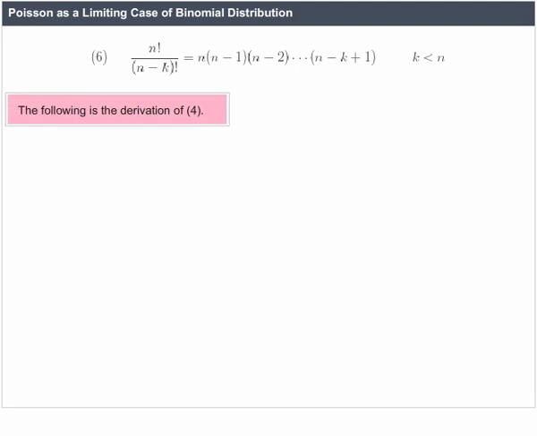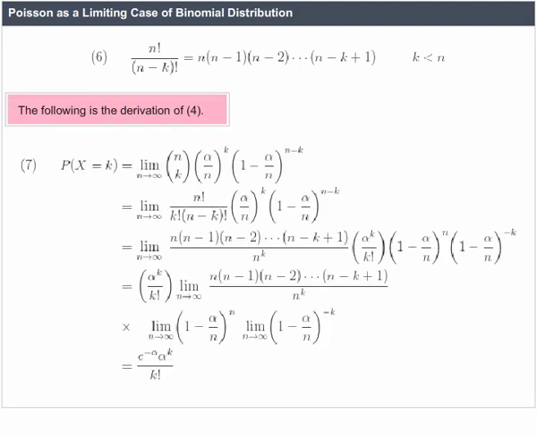Equation 4 implies probability of X equal to k equals the limit as n tends to infinity of n C k, alpha by n whole power k, 1 minus alpha by n whole power n minus k, which equals the limit as n tends to infinity of n factorial divided by k factorial times n minus k factorial, times alpha by n whole power k, times 1 minus alpha by n whole power n minus k.